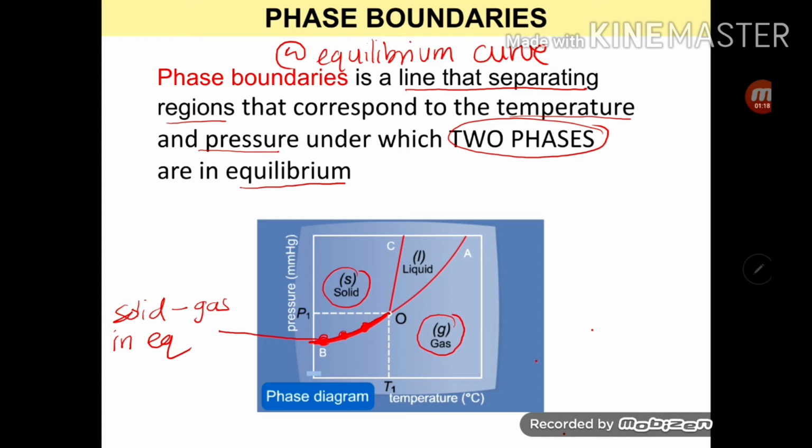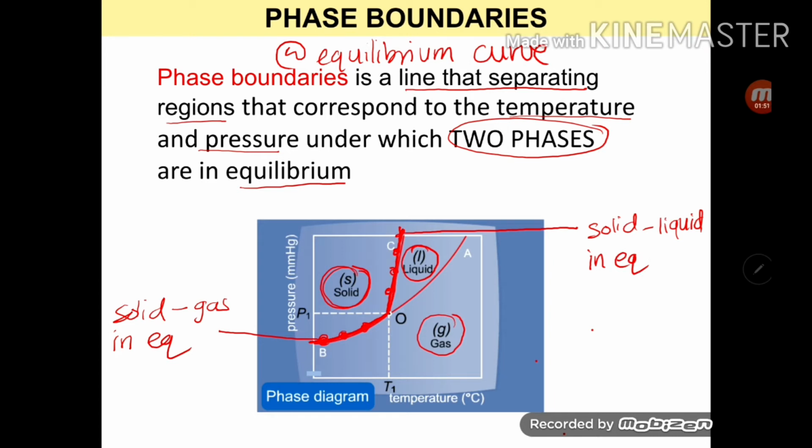The second phase boundary is line OC. Line OC is the boundary between solid and liquid phase. So any point lying on the line OC, the system exists in two phases in equilibrium, solid and liquid.